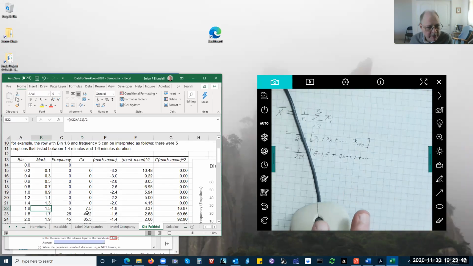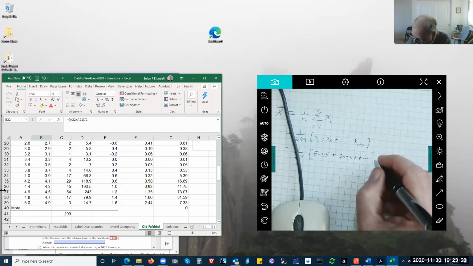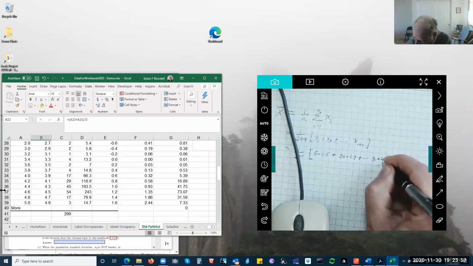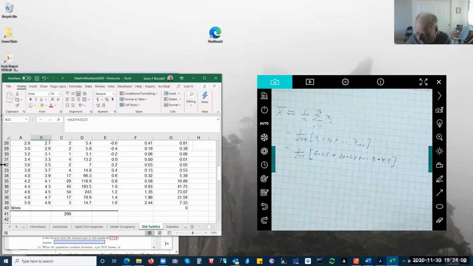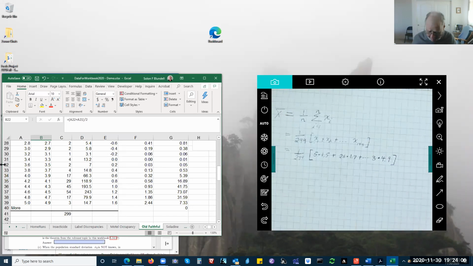All the way down to the bottom here, where we had 3 eruptions that lasted 4.9 minutes. So those frequencies, the 5 plus the 26 and so forth, plus the 3, the frequencies all add up to 299.